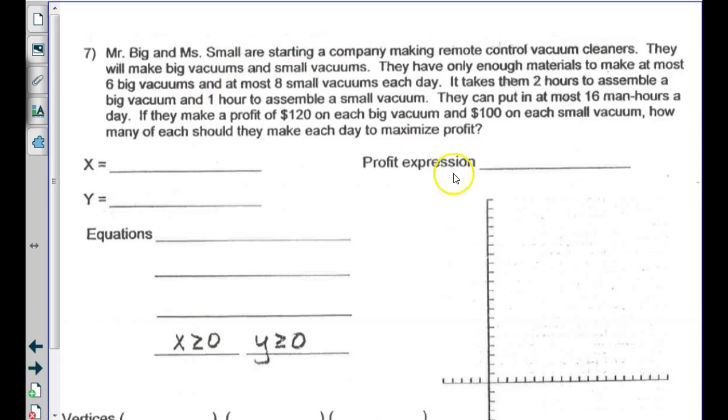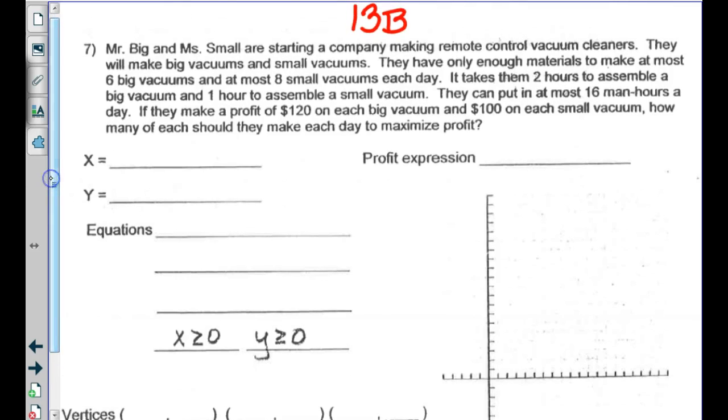This one, 7 on the back. So I'm on 13B. And if we can get through this question together, then you won't have to do anything on 13 for homework, okay? The homework check will just be those 3 book problems. And you're going to want to use graph paper for those, FYI, that's why it's in the back of the room.